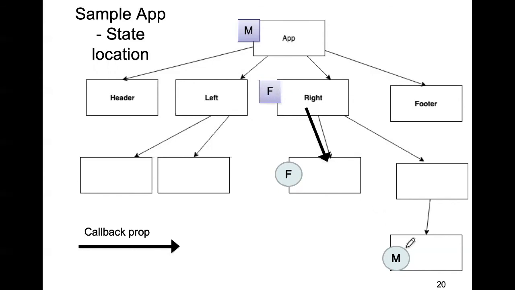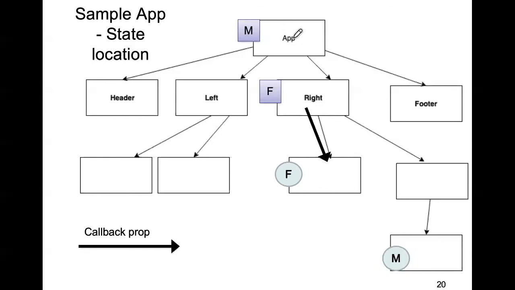Now, the other example I'm going to look at is more extreme. This is the component down here that handles the event associated with the user selecting one of the movies in the list. But this component needs to know about the change in the movie selection.